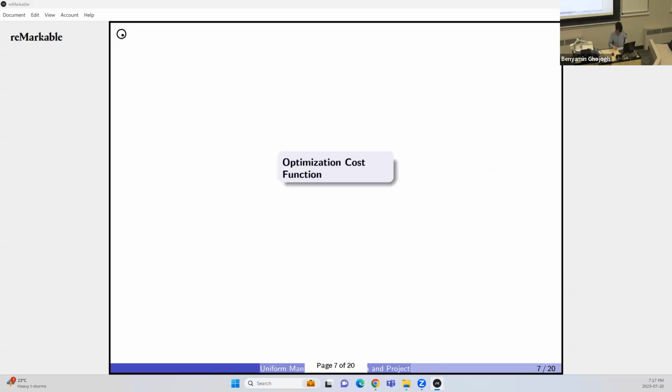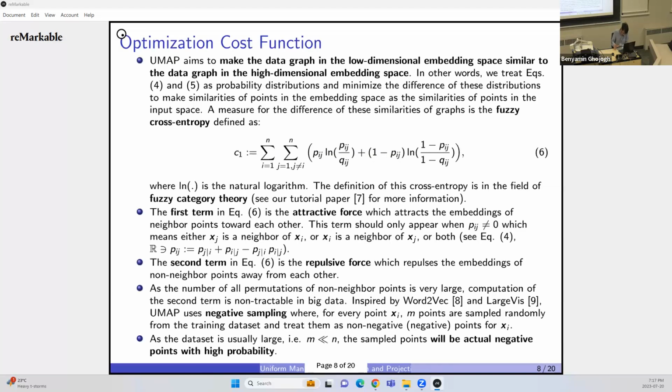Okay, so optimization cost function. So far we defined the probability distributions in the input space and in the embedding space. Now, optimization cost function. UMAP aims to make the data graph in the low dimensional embedding space similar to the data graph in the high dimensional input space. So the idea of UMAP is this.